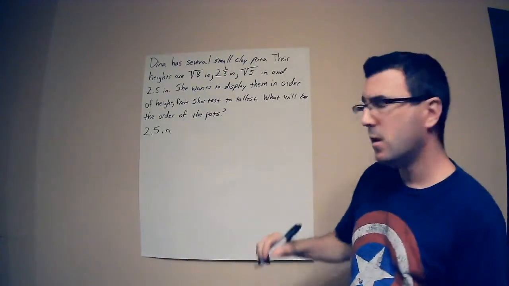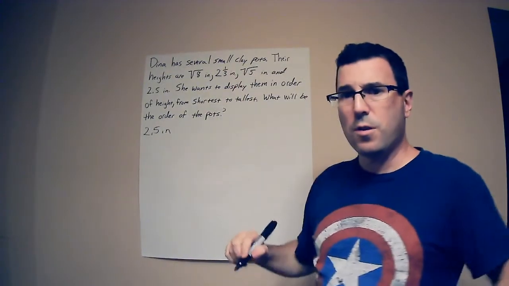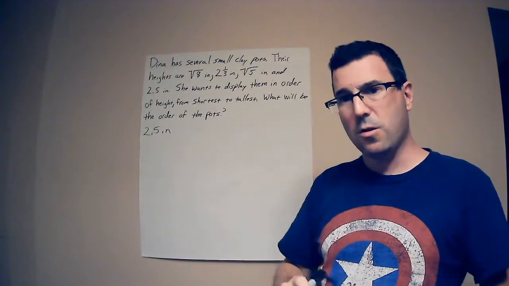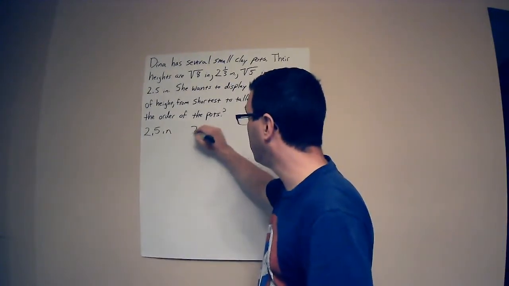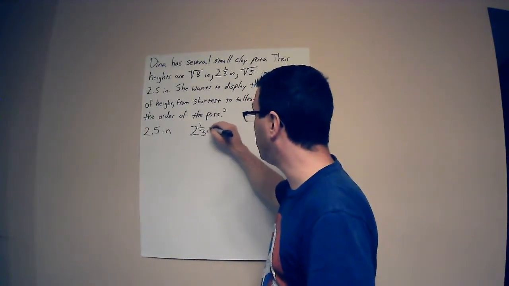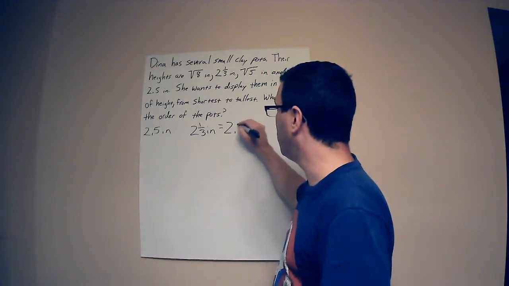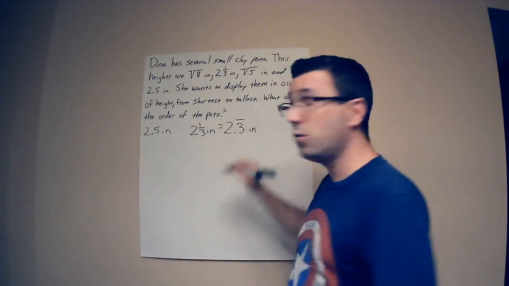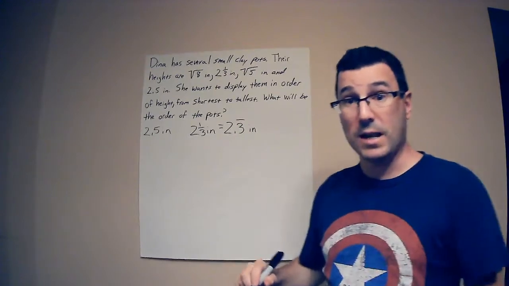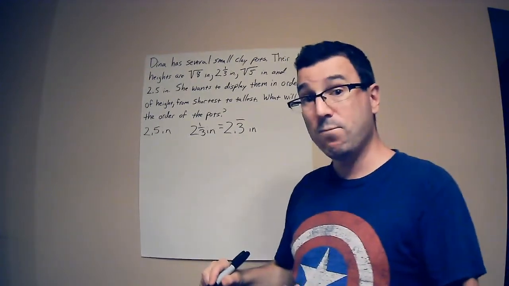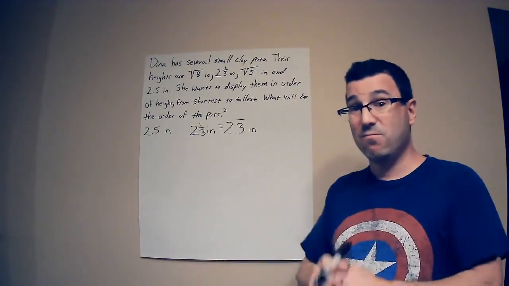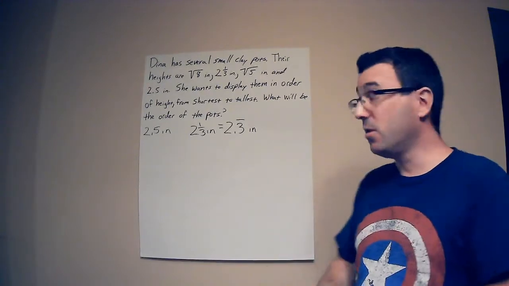And then I got 2 1/3. So if I take 1/3, that's 2 1/3 inches is equal to 2.3 repeating inches.